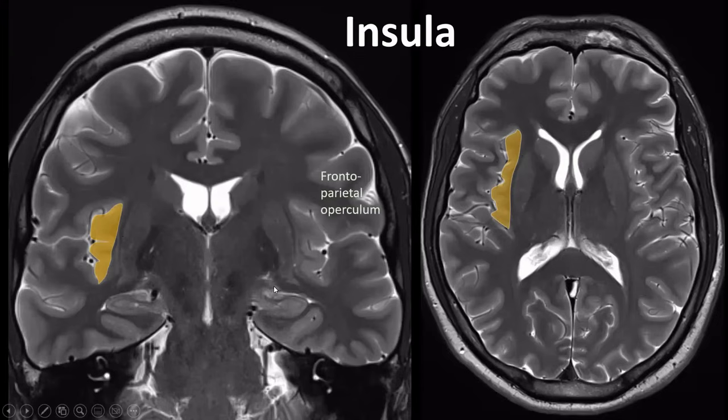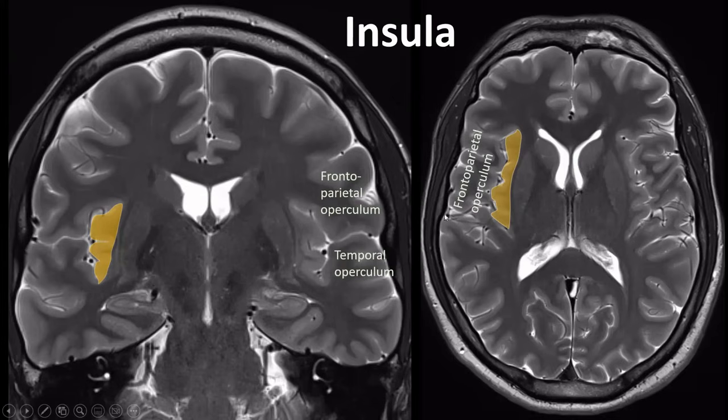The insula is shielded by the opercula of the frontal and parietal lobes and of the temporal lobe. So the operculum is basically the part that hides the insula and the depths of the sylvian fissure.